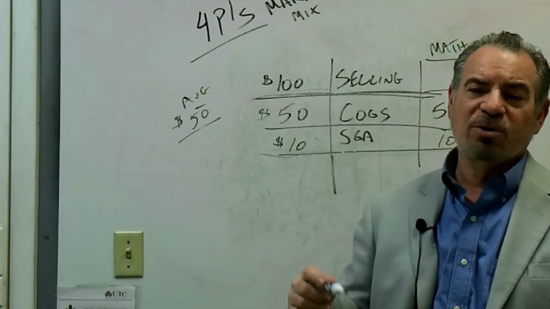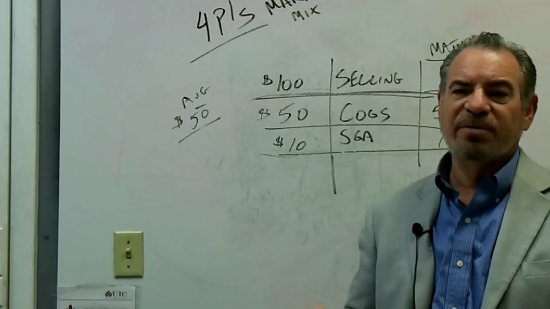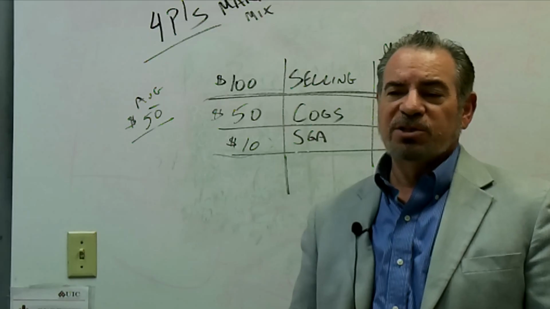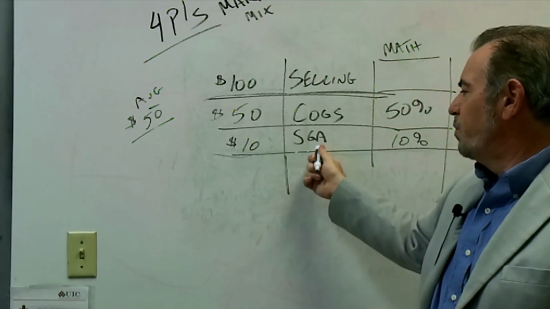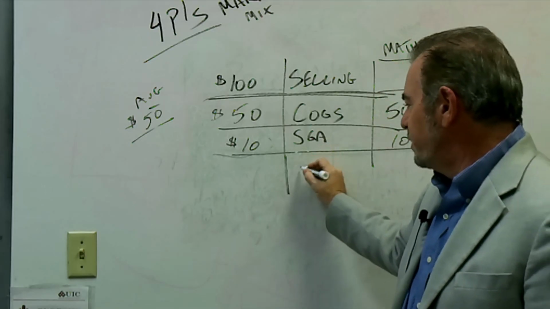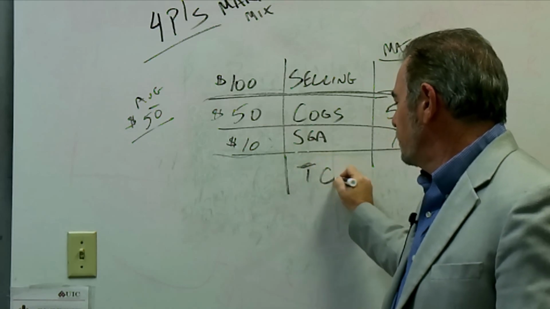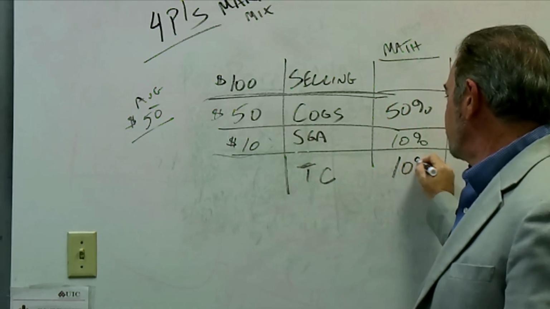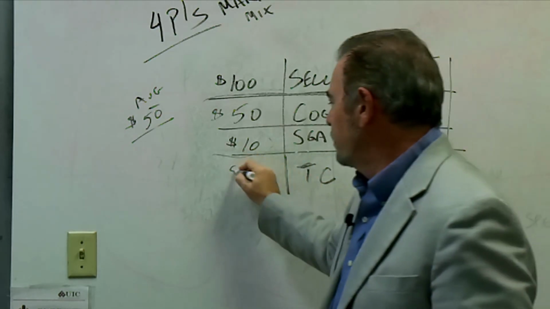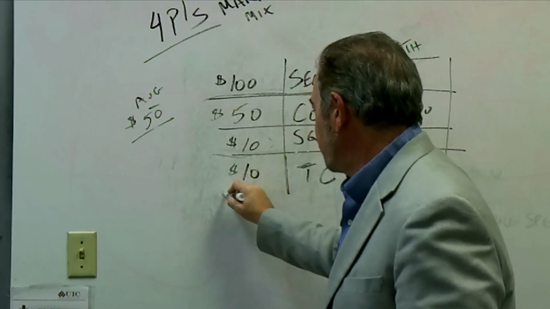There are products that cost a lot more, but you have to look at the variables. Returns, it depends on where you want to put it. You could put it here, or in the next bucket, total cost, TC. And 10% is a number I use also for total cost. So that's another $10, right?